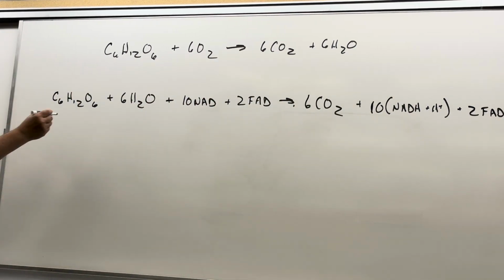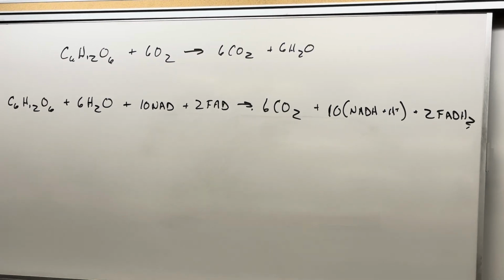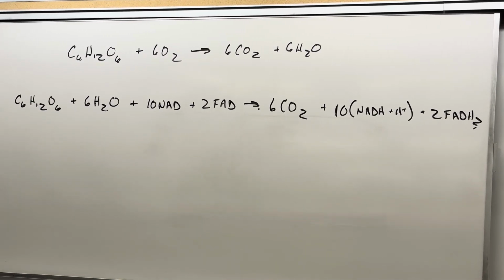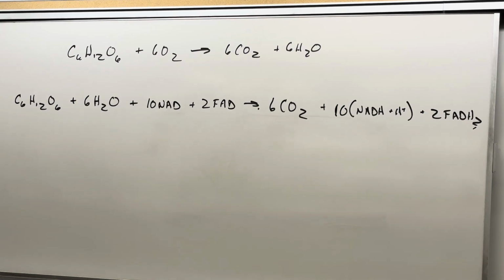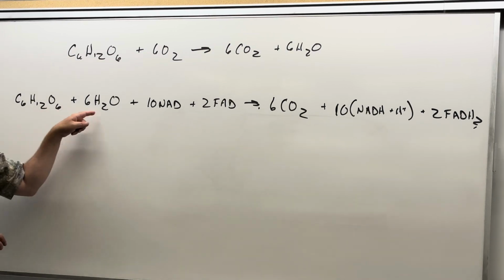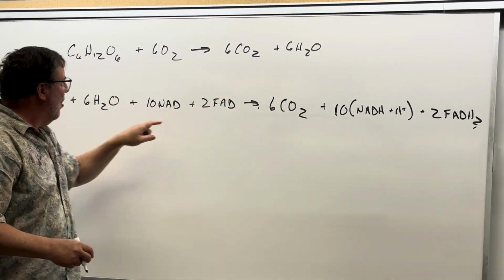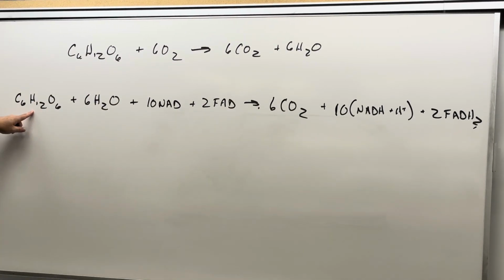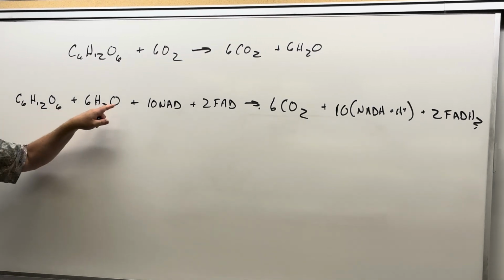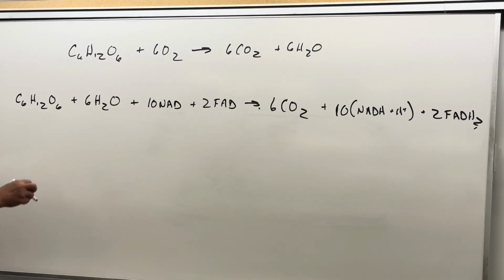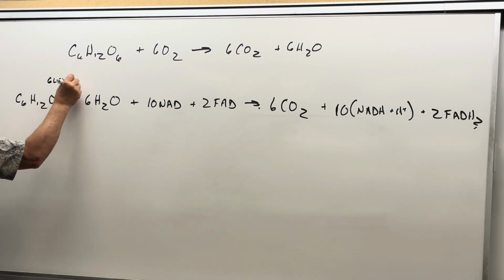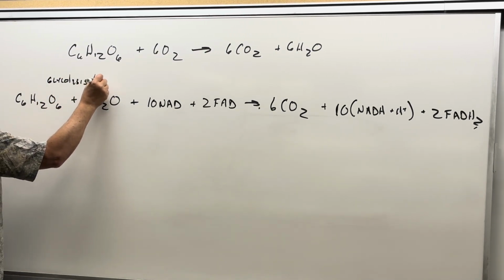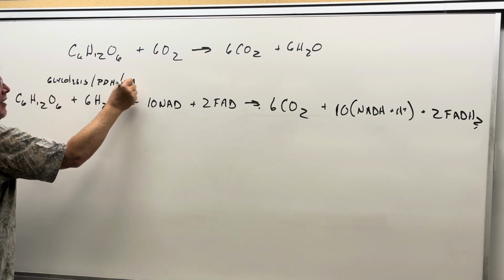If you go through all those reactions in glycolysis, pyruvate dehydrogenase, and the citric acid cycle, there's actually 6 waters that end up coming in. And so the oxygens that go into carbon dioxide are coming from the oxygen that was in the original glucose plus water. So this first phase is glycolysis, pyruvate dehydrogenase, and the citric acid cycle.